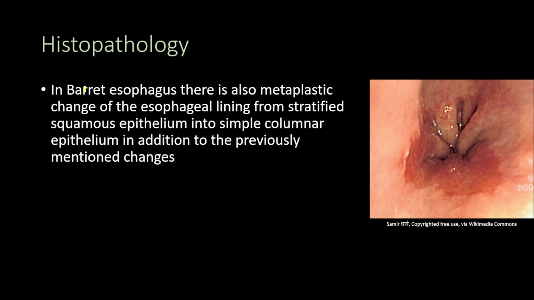And in Barrett esophagus, which is the third type, there are also metaplastic changes to the esophageal lining from stratified squamous epithelium into simple columnar epithelium, in addition to the previously mentioned changes. And the Barrett esophagus is shown here. So here is the normal esophagus lining. So here it is stratified squamous, while in the Barrett esophagus lining, we have the simple columnar epithelium.